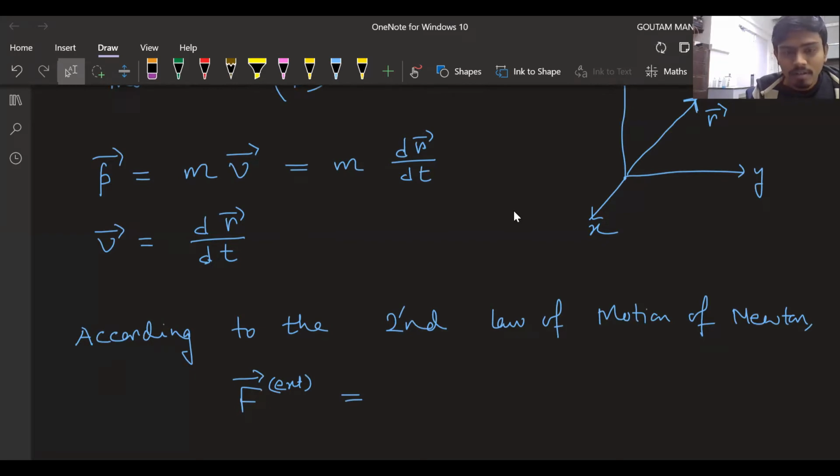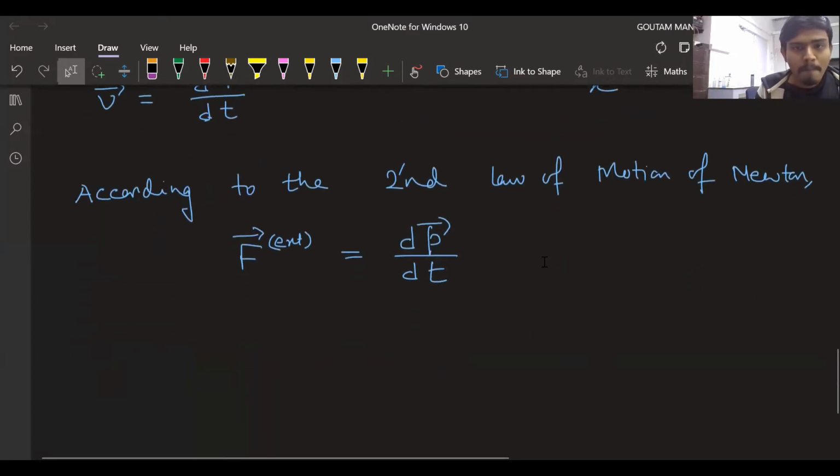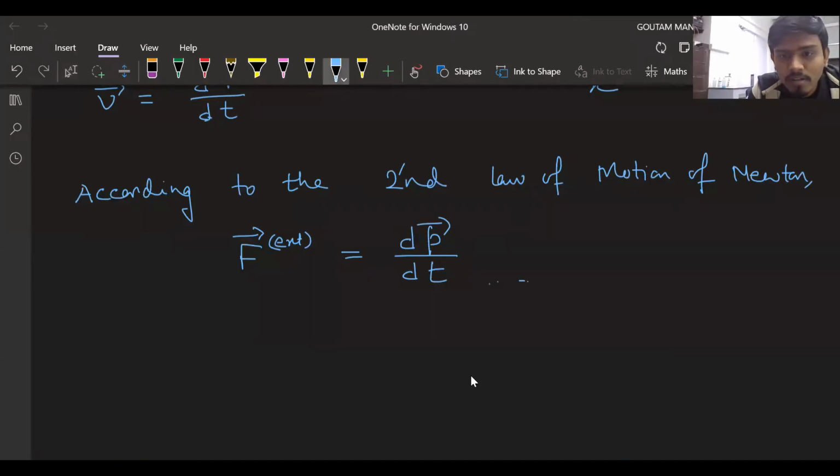That is the derivative of its momentum with respect to time, how fast its momentum is changing. So if there is no force, the momentum will be constant. Let me call it equation 1. This equation is valid in an inertial frame.